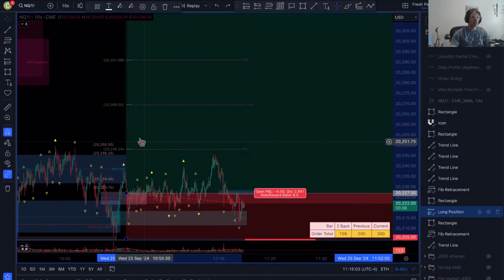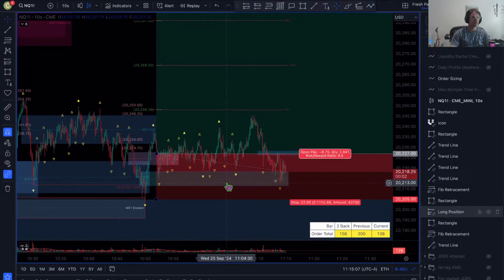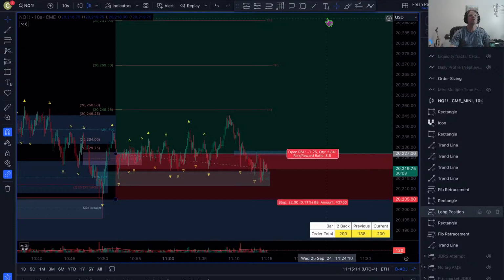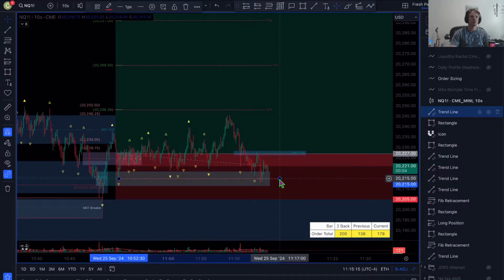I'll tell you what though, this is AMS on the S10. Did it hold that fair value gap? It did. Let's see if this S10 AMS plays out.